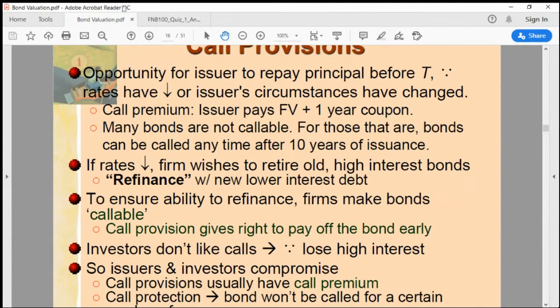Okay, so that's refunding, right? Now, another thing is, think about it. If the call happens, right? Of course, call cannot happen anytime. I mean, if the call can happen anytime, let's say even hypothetically, you bought the bond today and the call happens tomorrow.